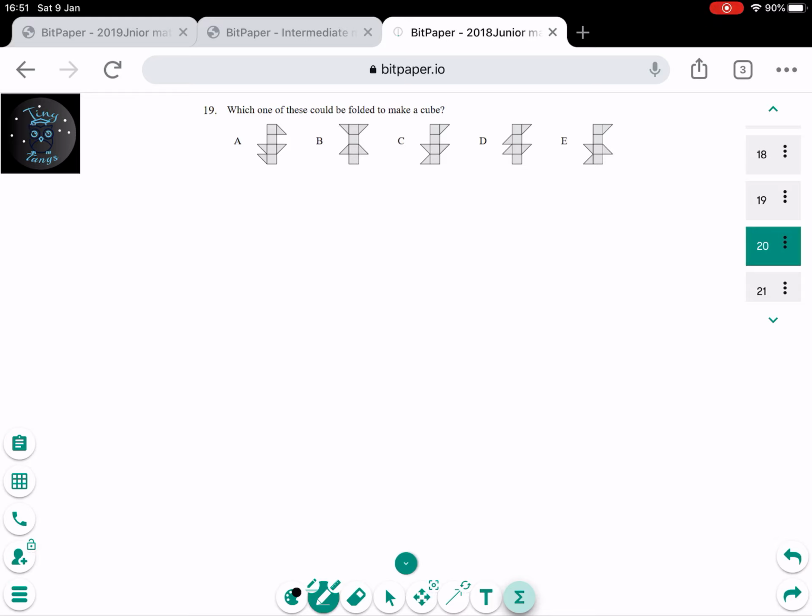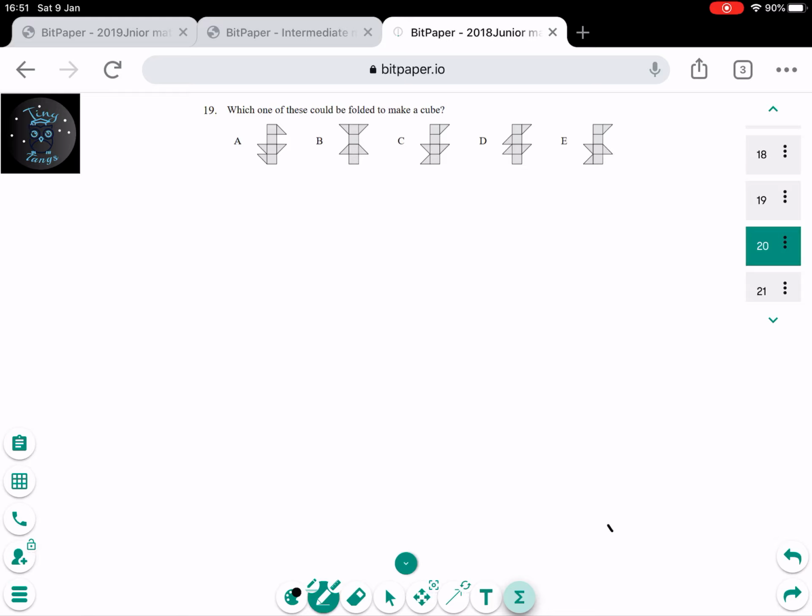And I'll give you a tip. For example, for the triangles, you have to make it add up so that two triangles fit together.